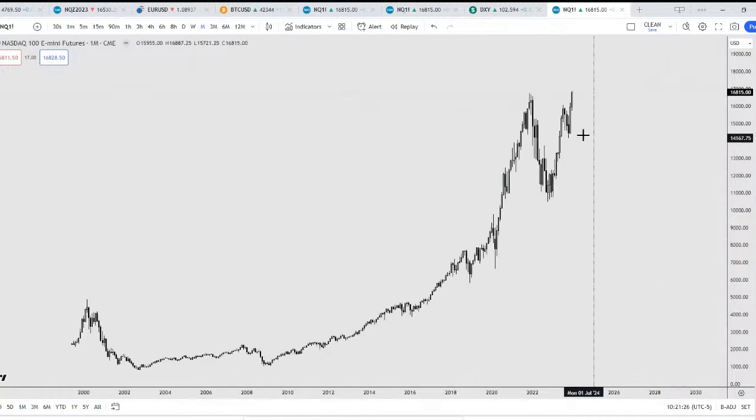So we are at the very last of the last, which means Q4 of Q4 of Q4. So Q4 of the 80-year block, Q4 of the 20-year cycles within that 80-year block.